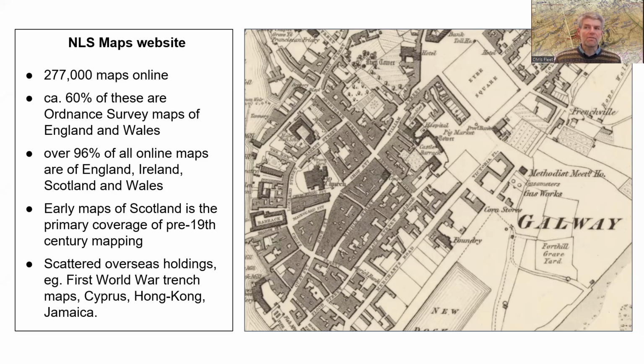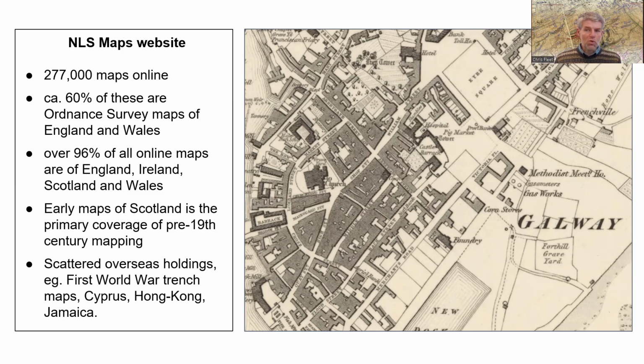Over half of our online maps are in fact OS maps of England and Wales. So we always say our website's a useful resource for family history across England, Scotland and Wales. We've recently been adding online the Ordnance Survey of Ireland 6-inch to the mile maps dating from the 1830s to the 1960s. And this image shows one of those sheets covering Galway.